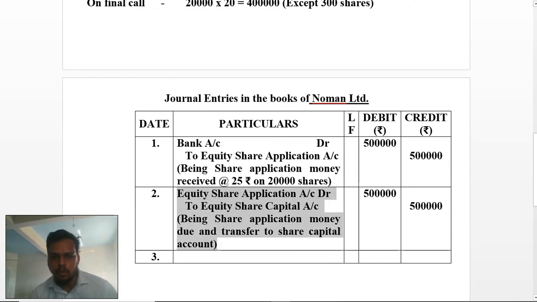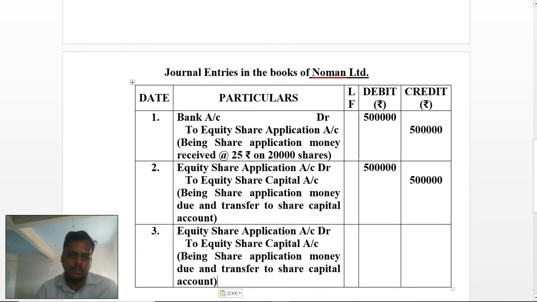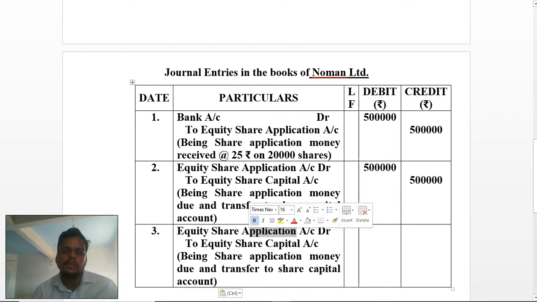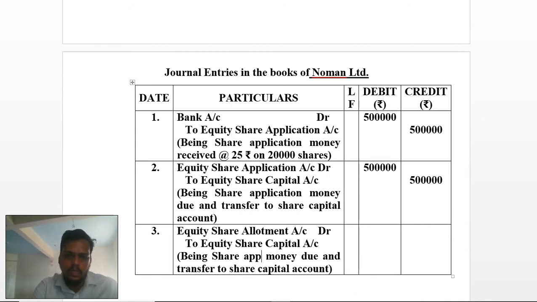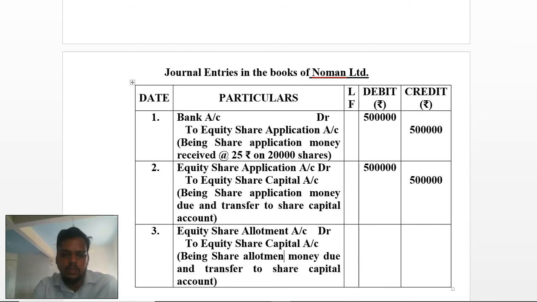I'll be copying this same thing, but the name will be changed a little bit. Here it has been mentioned equity share allotment account debit to equity share capital. Here only the alphabet has been changed.